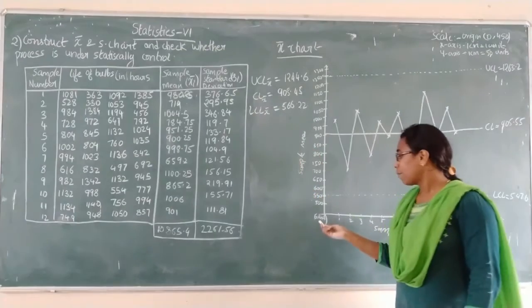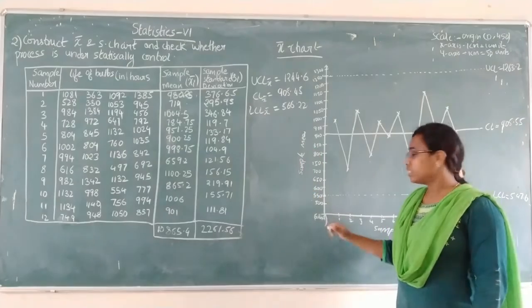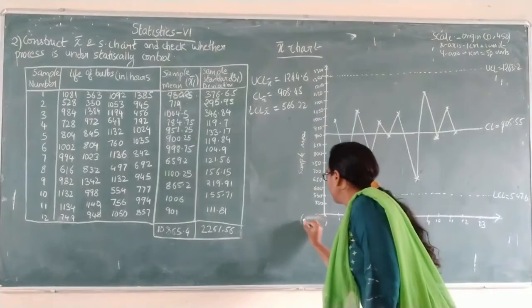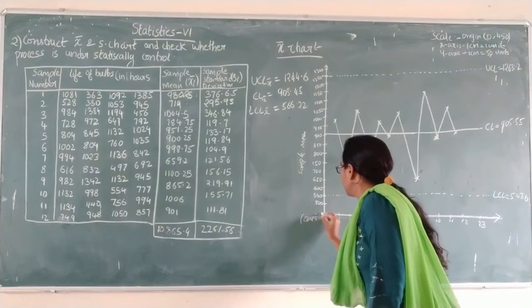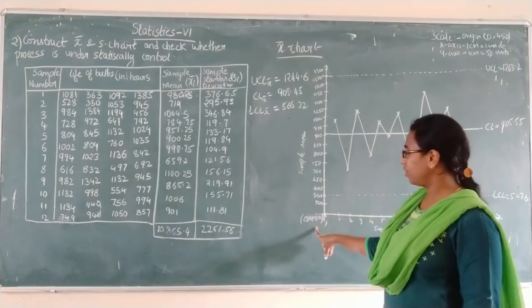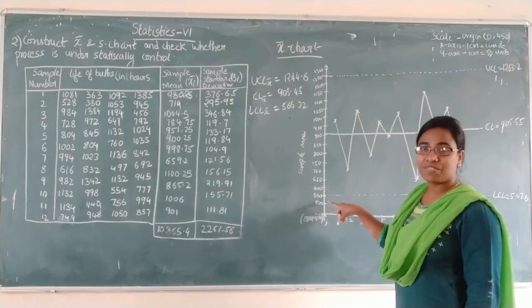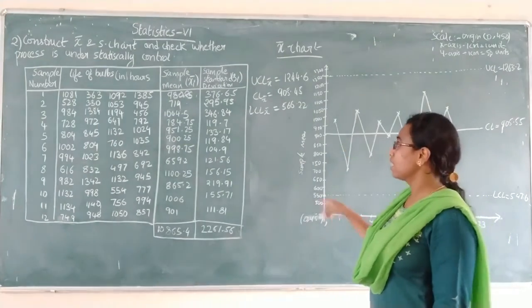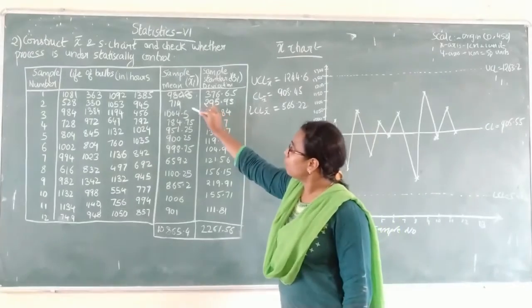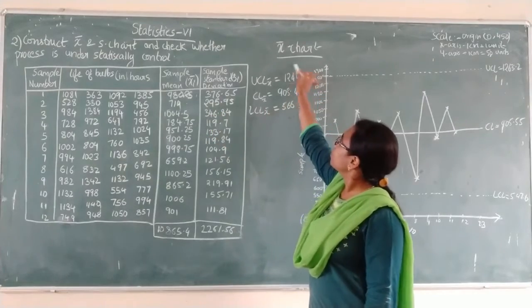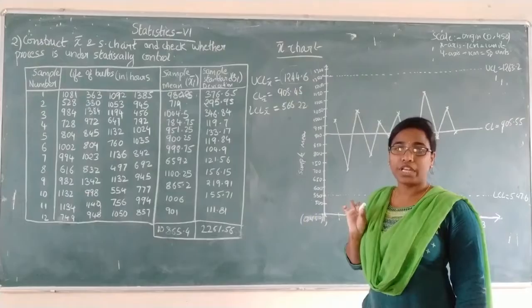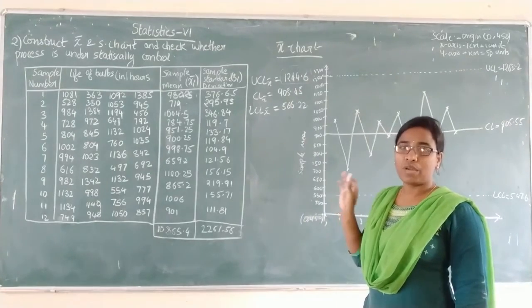So that's why I am considering the origin as 0,450 and taking the scale as 50 on the y-axis. Because I want the values up to the maximum value 1244, that is near to 1250.